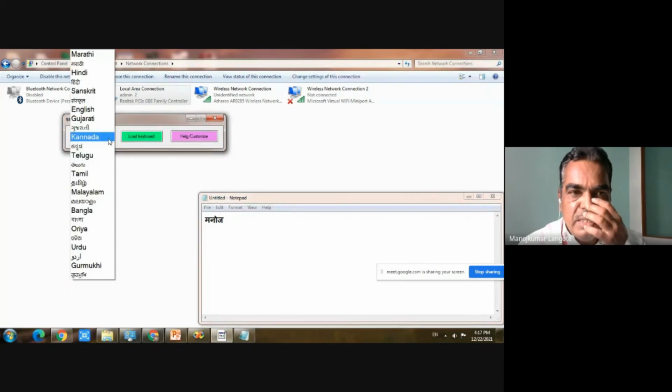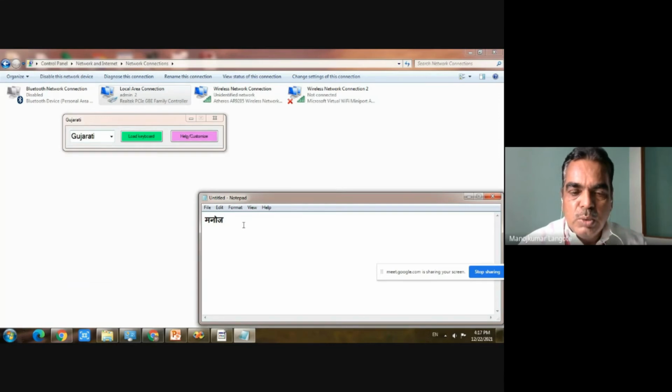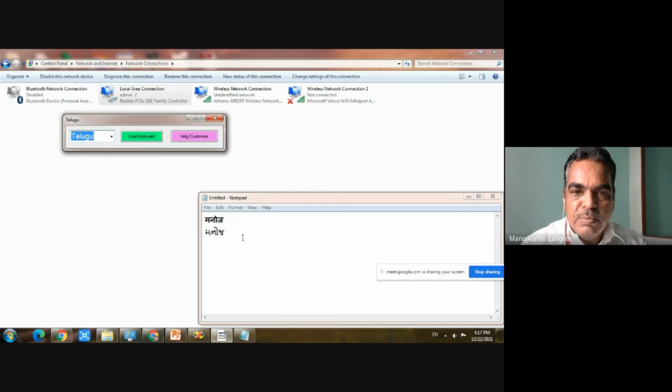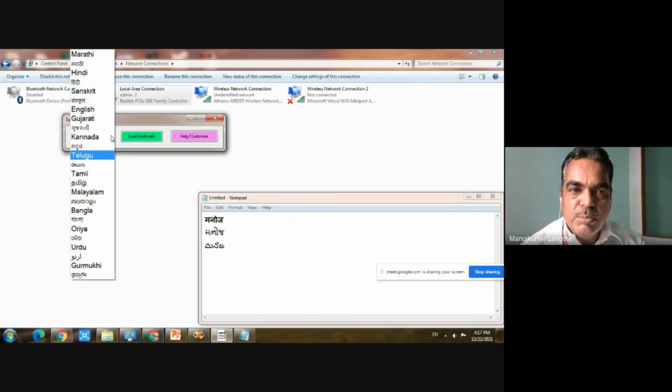Then if I click on Gujarati, this keyboard is converted to Gujarati letters. See, Manoj. Now if I click on another language, like Telugu, then I will be able to type in Telugu also. So this is possible.